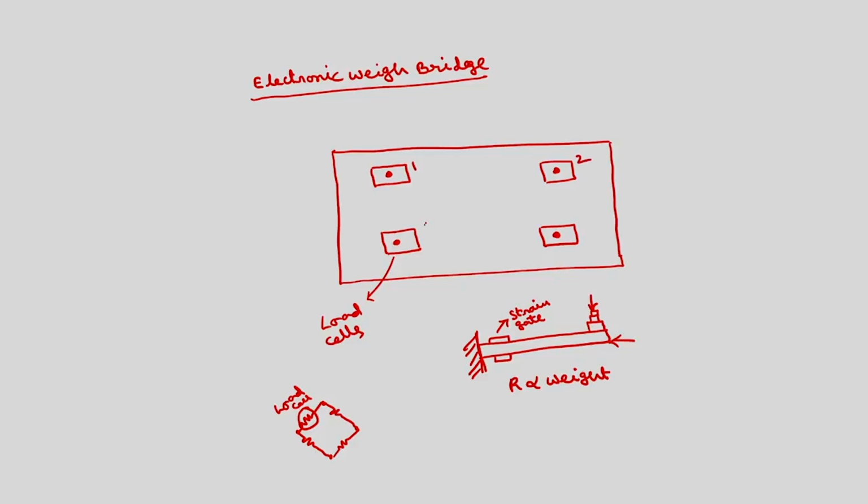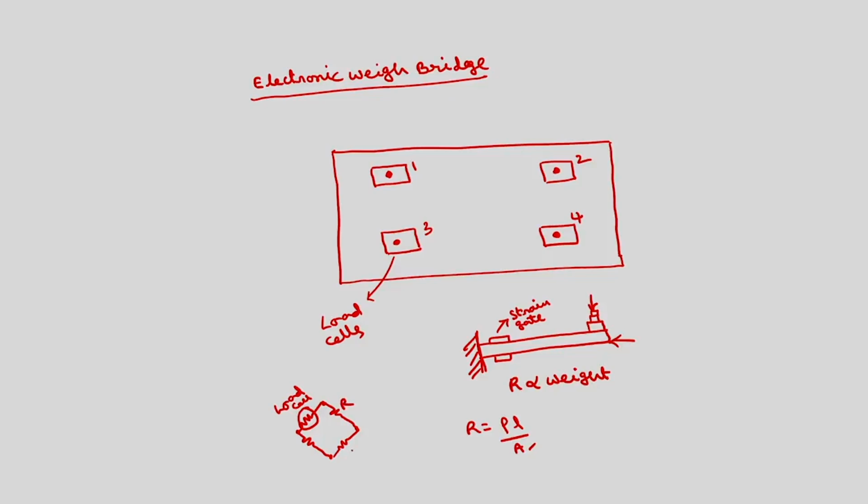This is 1, 2, 3, 4. So, without any load, this will have some resistance, depending upon R equals rho L by A. Rho is the resistivity, L is the length of this rod, A is the area. If I apply some load here, this resistance will change.